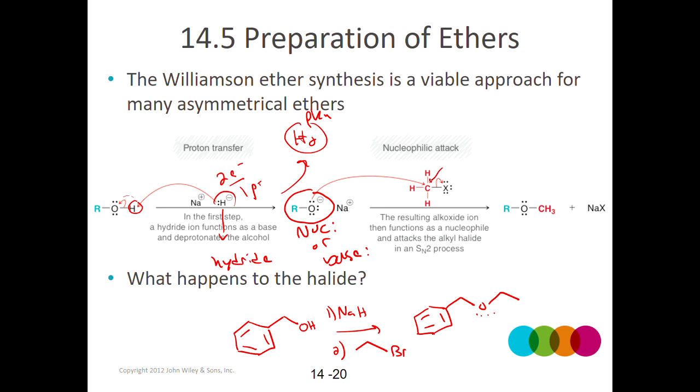So if this carbon here is a methyl or a primary carbon, it'll work. That's okay. If it's a secondary or tertiary molecule that you expect that to attack, you're not going to get the product. You're going to get an elimination side product.